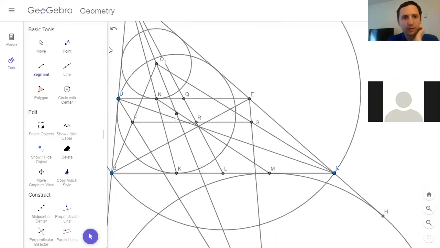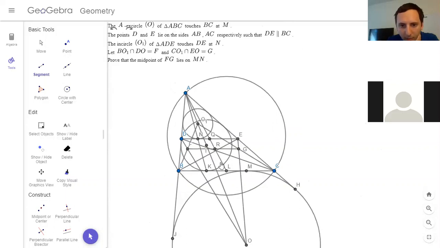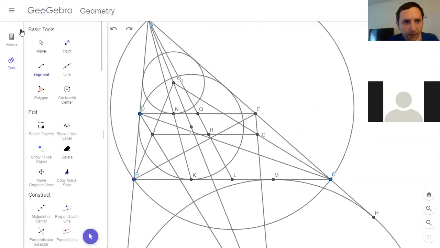But that's not the midpoint of FG, because, wait, MN also passes through this point.